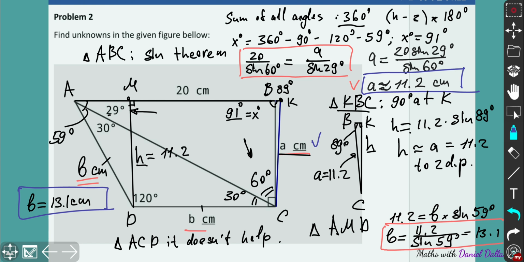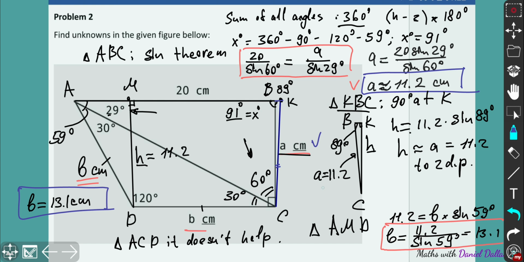Even in the last case, when we were considering the height, we mixed up a little bit with the height because the height was approximately equal to A. Because of the small difference between the 91 angle and the angle of 90 degrees, this angle is very, very small, almost zero in this case.